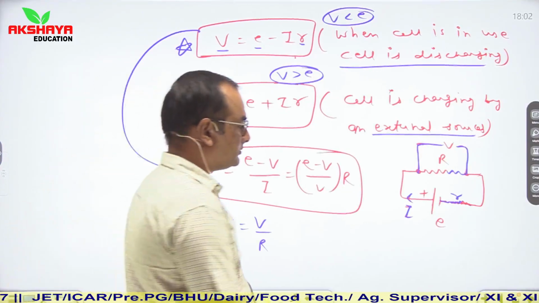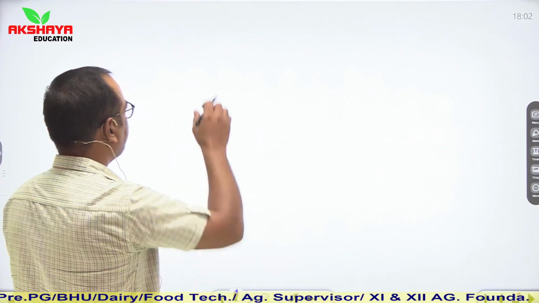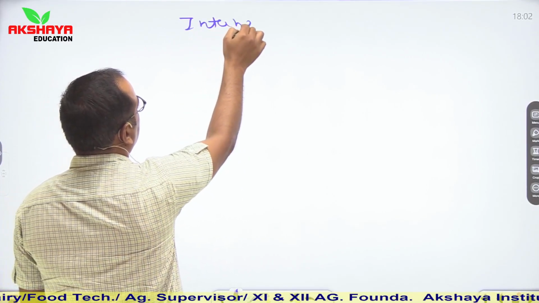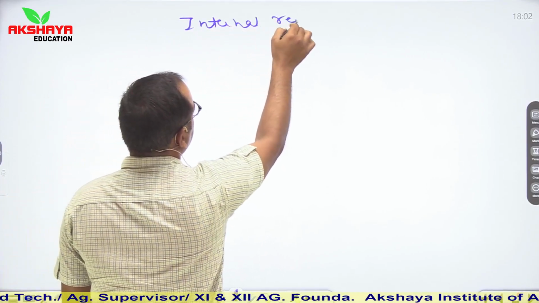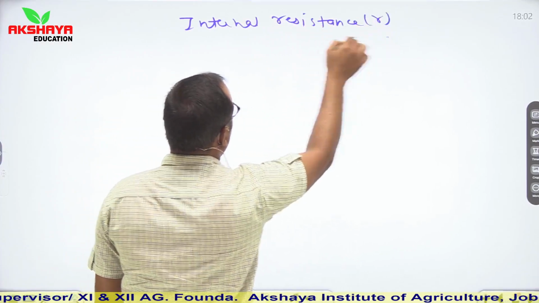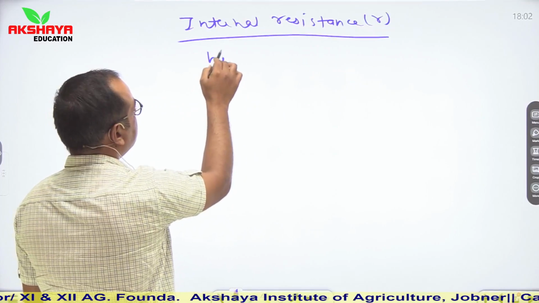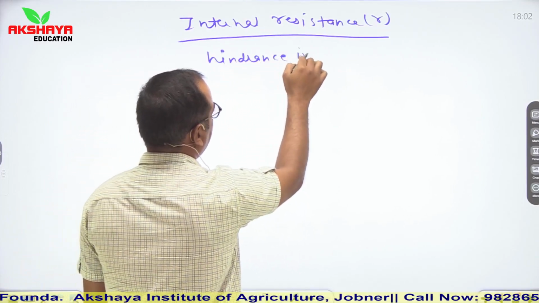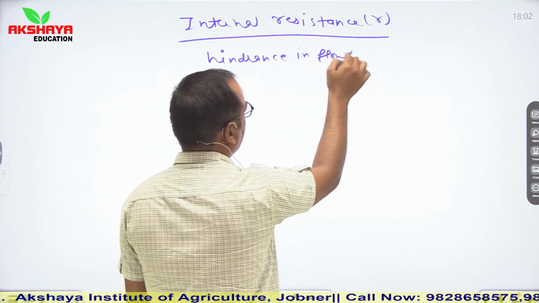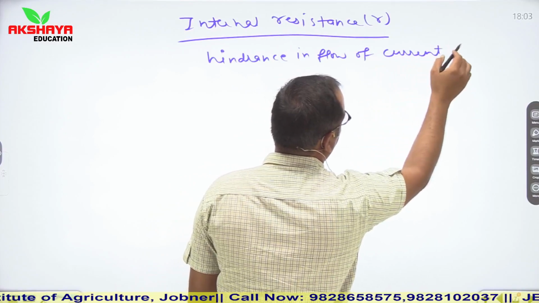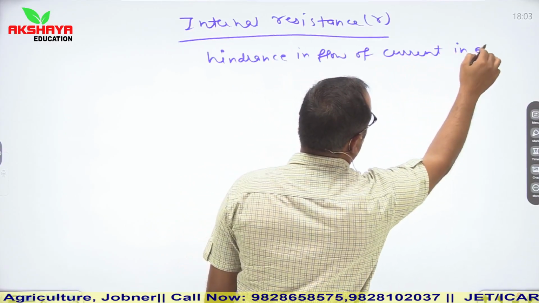Now if we talk about internal resistance, so let us discuss internal resistance. So internal resistance is what? Hindrance in flow of current in electrolyte.